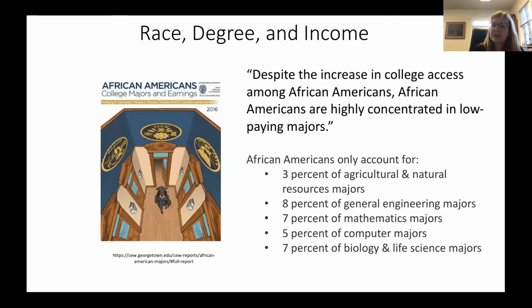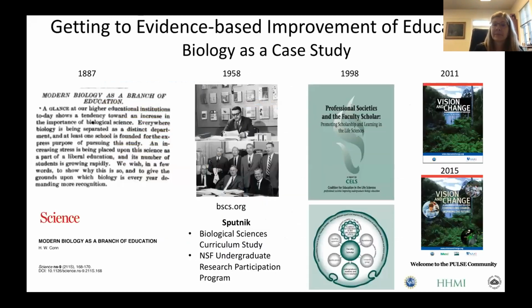Only 3% major in agricultural and natural resources fields. And I think that's particularly telling for those of us that are passionate about field work. And you can see the numbers are also low for a number of other fields in STEM, including only 7% in biology and life sciences.